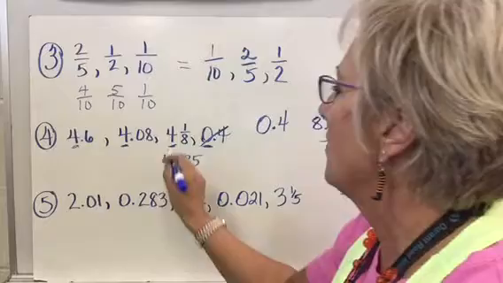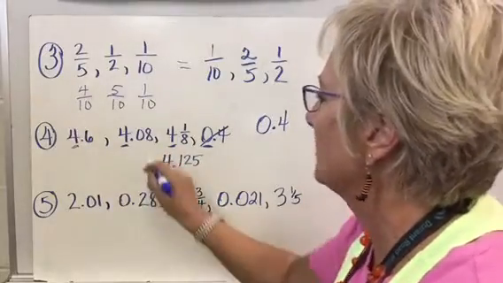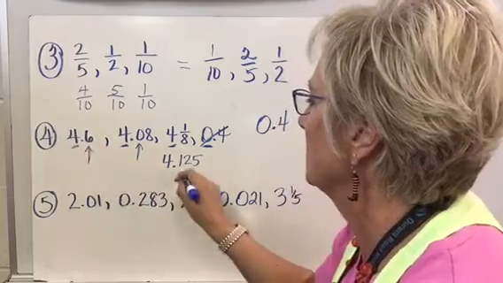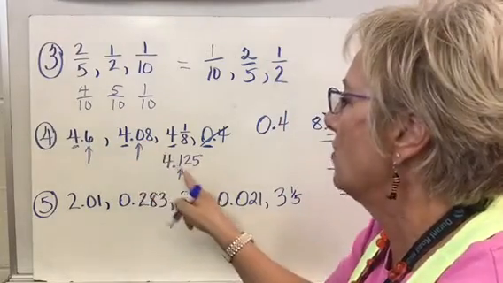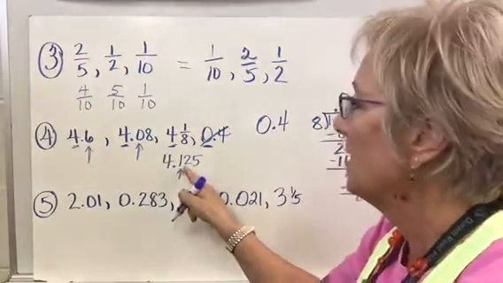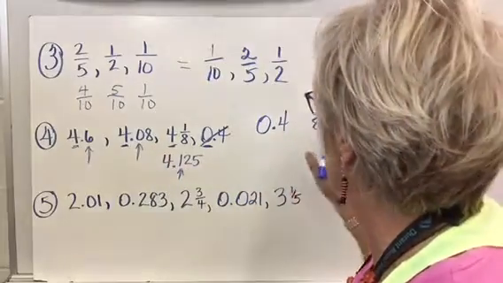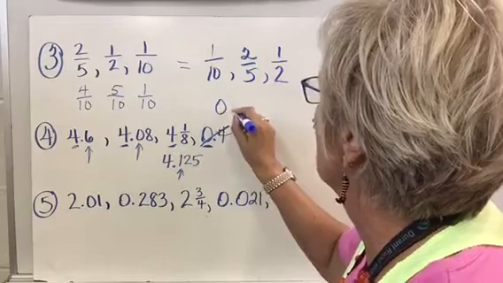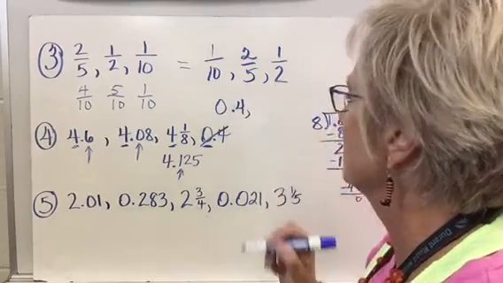Okay, so now I know they're all in the 4s, but now all I have to do is look at the tenths column. 0 is going to be lower than 1, so I'm going to start out with 4.0, and I'm going to come over here and rewrite this, 4.0, 4 tenths.